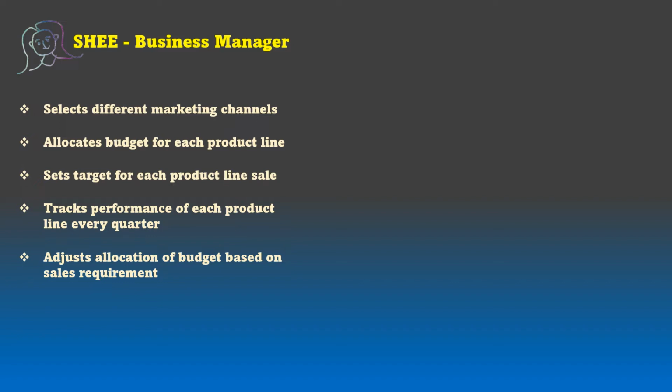She is responsible for allocating budget for each product line and sets target for each product line sale. She also tracks performance of each product line every quarter and adjusts allocation of the budget based on sales requirements.